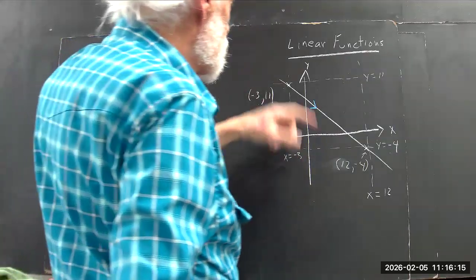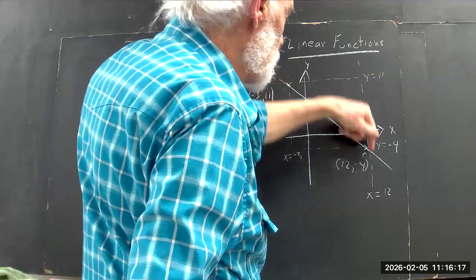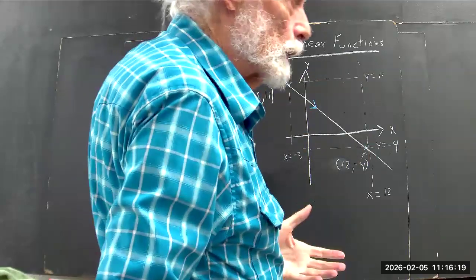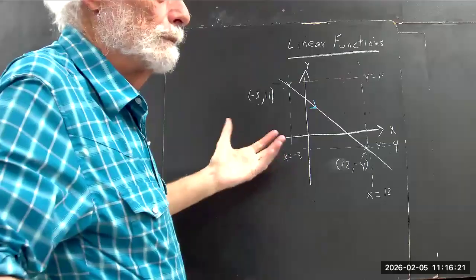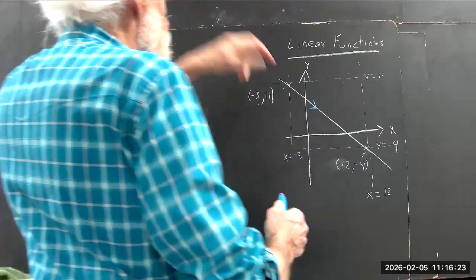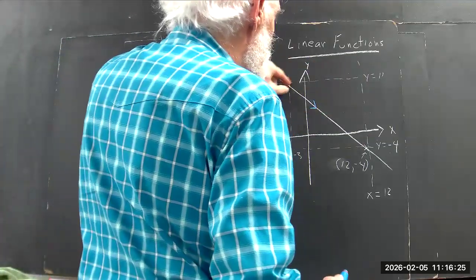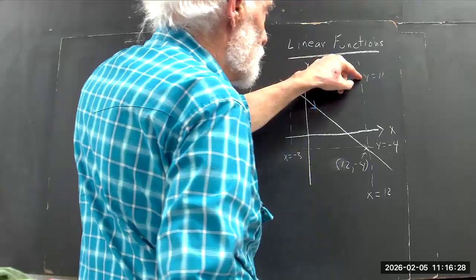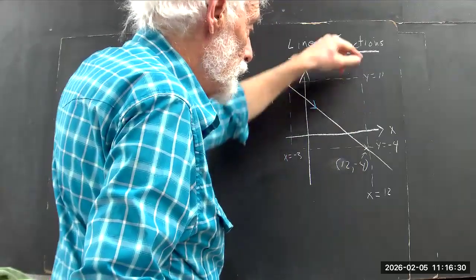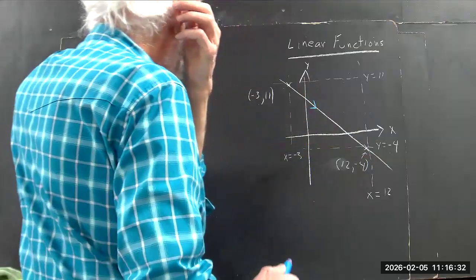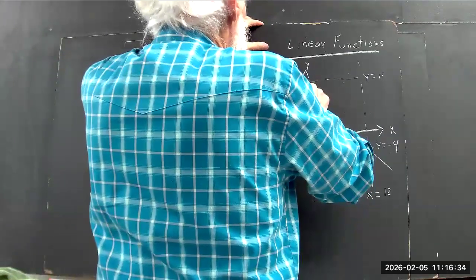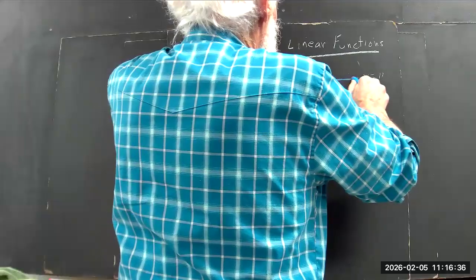Or I could go from here to here and from here down to here. It's really an arbitrary choice. I'm going to choose to do the upper path along the line y equals 11, then down along the line x equals 12.